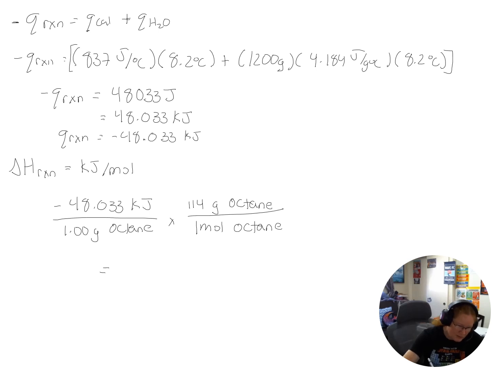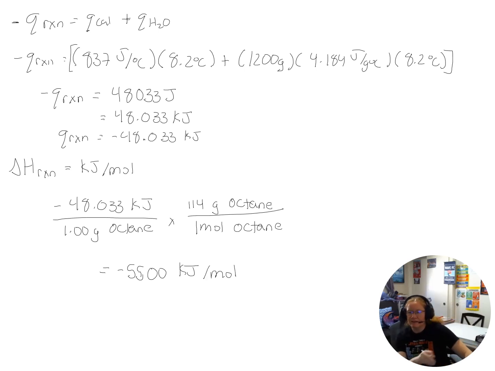And so we're going to get negative 5,500 kilojoules per mole, because our 1 gram gave off our 48 kilojoules, and when we do our conversions, we get 5,500 kilojoules per mole. And that is how we deal with our heat when we're looking at our calorimetry problems.